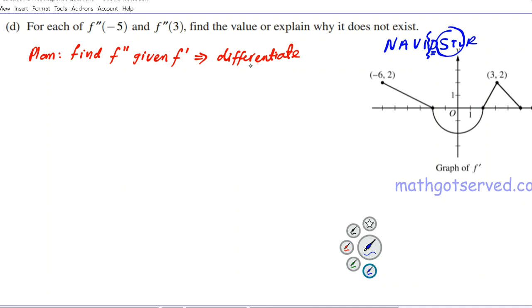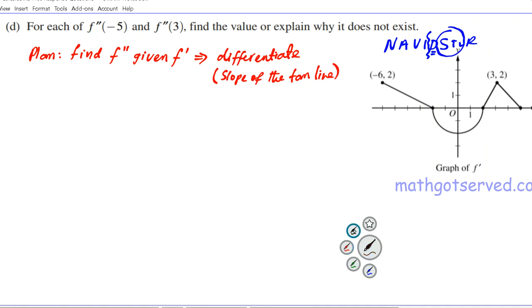So when we're differentiating, we're looking for the slope of the tan line. If the graph on that region is a straight line, then that line is your tan line, because the tangent line and the straight line are exactly one and the same. So let's keep that in mind.